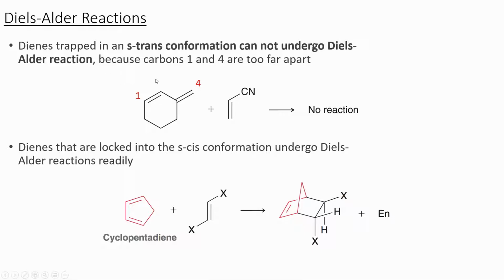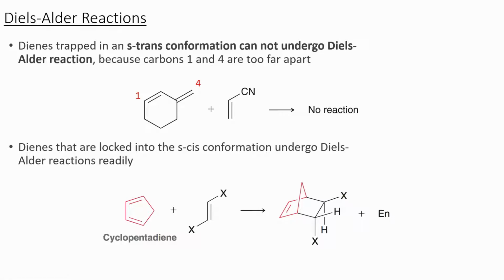Any diene that is trapped in the trans conformation will not undergo a Diels-Alder. Normally, we have free rotation around this bond, which allows the trans and cis conformations to interchange. But when it's part of a ring like this, we no longer are able to rotate around that bond, and we will not get any reaction from this Diels-Alder starting material. Only dienes that are available to go in the cis conformation can do Diels-Alder reactions.